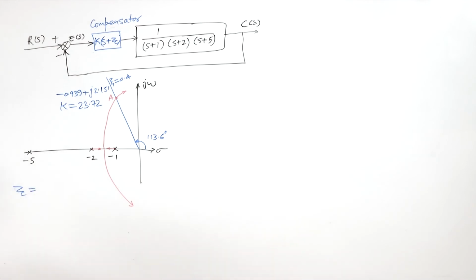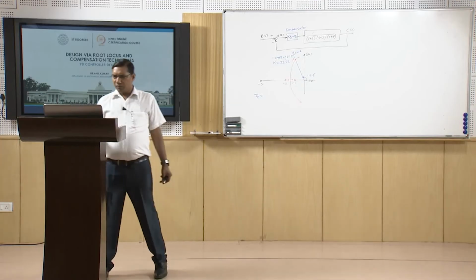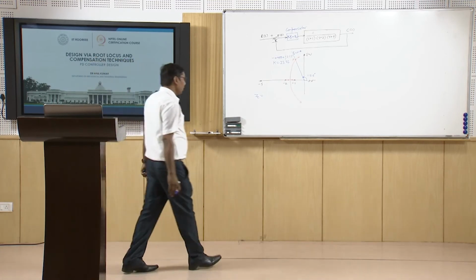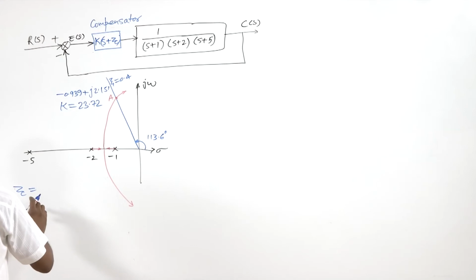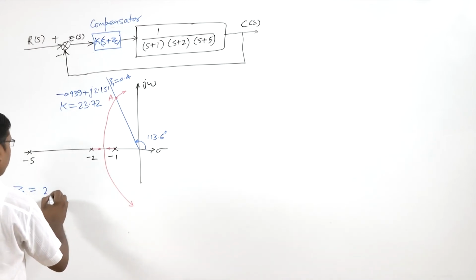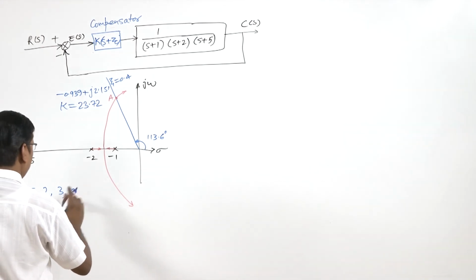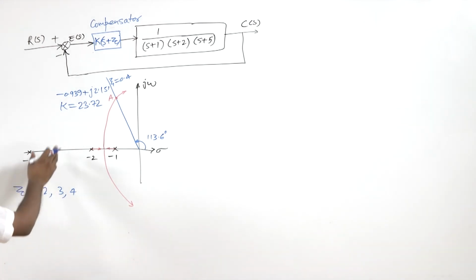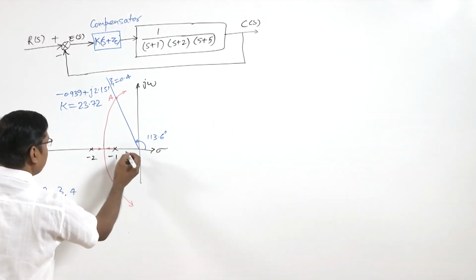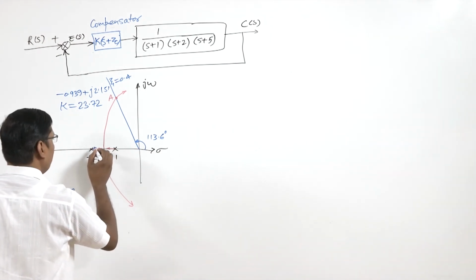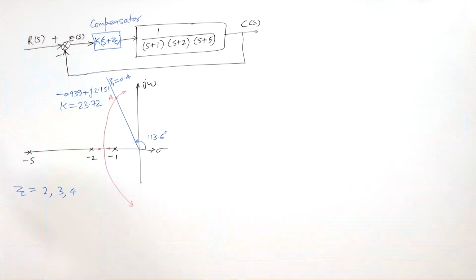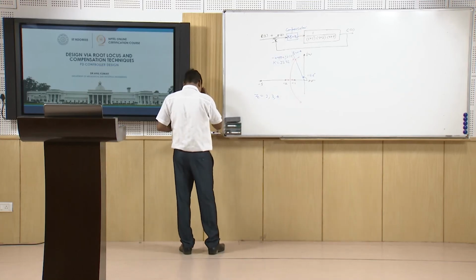We check whether we are adding the zero at -2, -3 and -4. So ZC is 2, 3 and 4. With S plus 2, we are getting S equal to -2 for this zero. So the first condition is we are going to add a zero at this location itself.